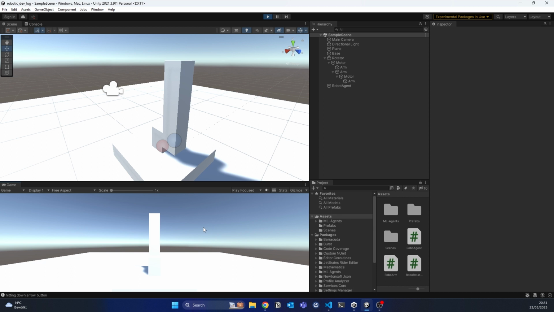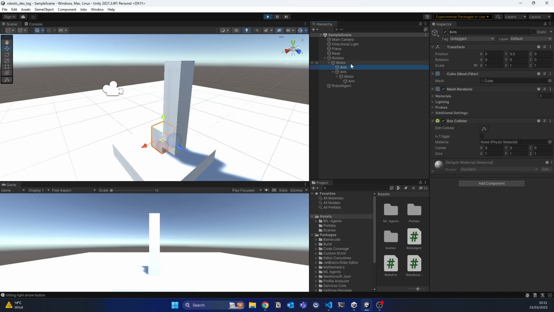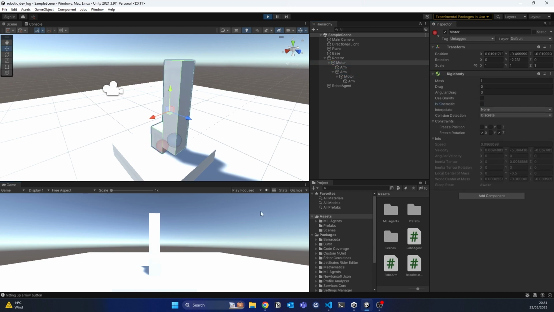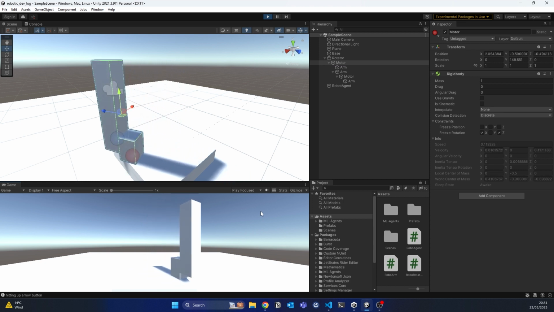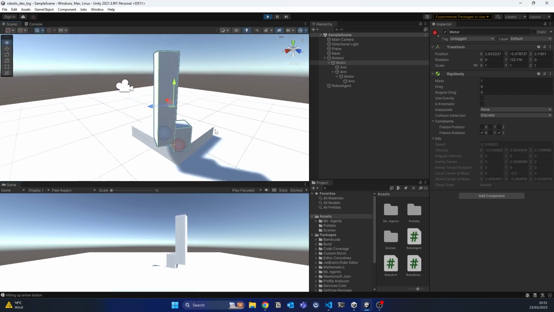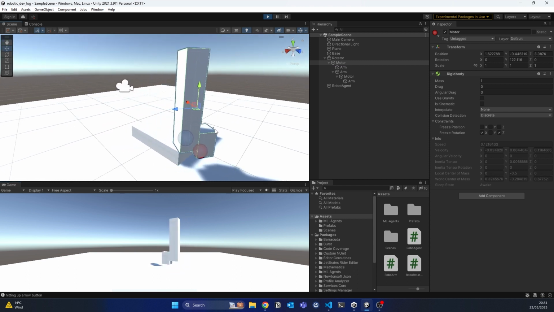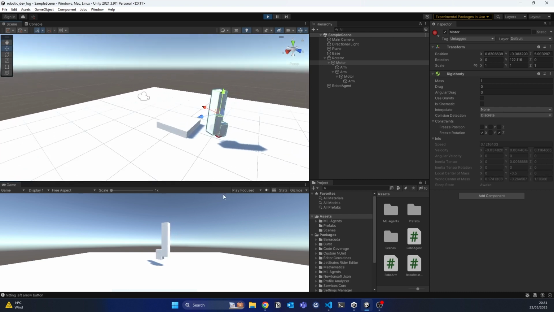No, it doesn't work anymore. As soon as I detach that, nothing is happening. What if I do this? It turns, but all of this stuff is moving away.